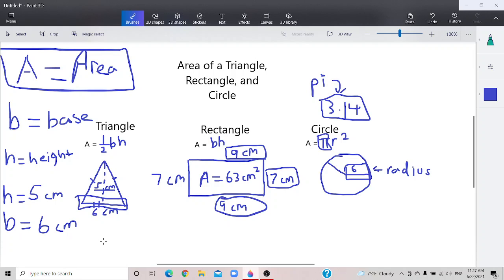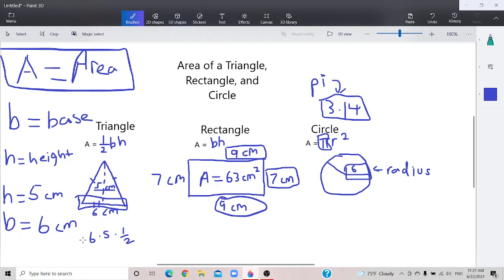Okay, so now how do we find the area? We found the 2 things that are needed in this formula. So same thing, we multiply because the numbers are right next to each other. So 6 times 5 times 1/2.